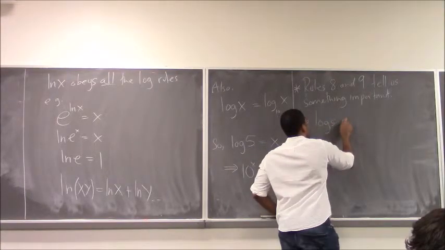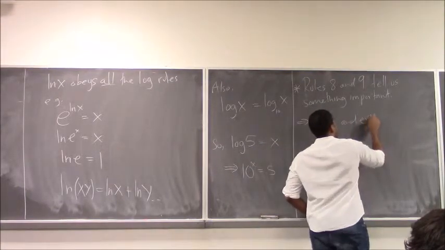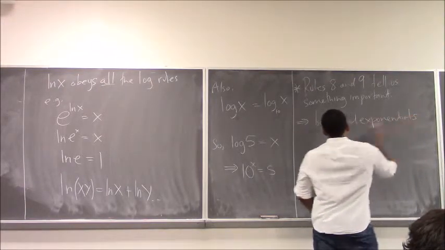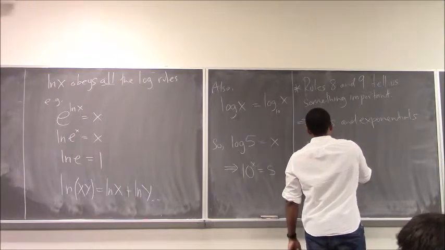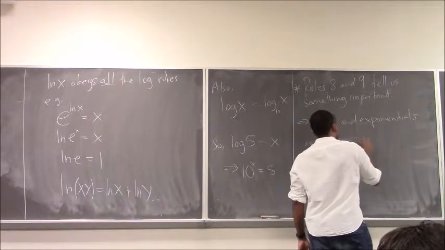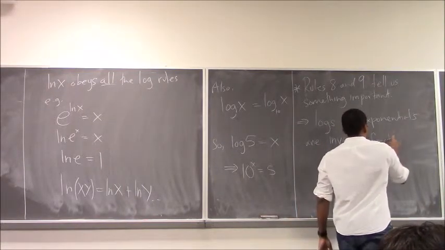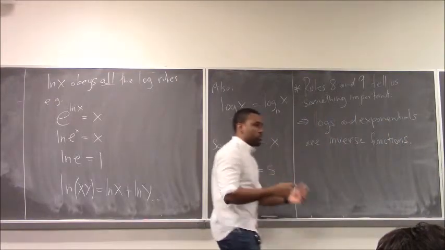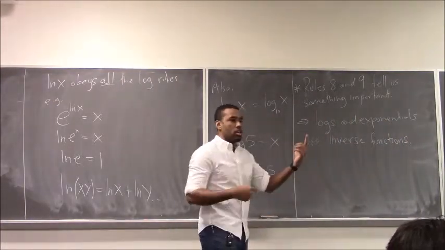It tells us that logs and exponentials share a very special relationship: they are inverse functions. Because they reverse each other. One function does something and the other function undoes it.